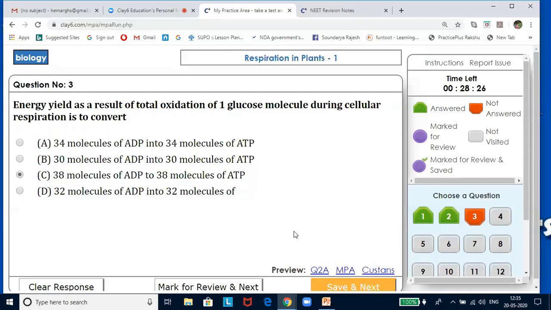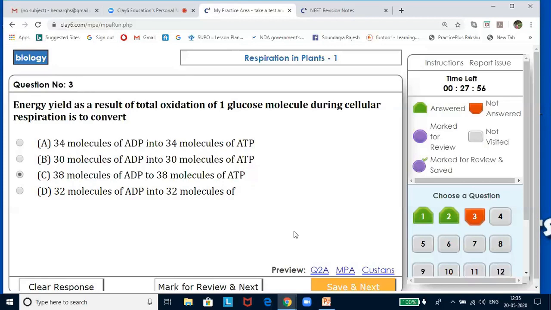In most eukaryotic cells, two ATP molecules are consumed in transporting two NADH produced during glycolysis into mitochondria for oxidation. So when you subtract those two molecules from this gross, the net gain will be only 36 ATP molecules. So if it is specifically given to you in prokaryotes, then it is 38 molecules of ATP. If it is in eukaryotes, it is 36 molecules of ATP.